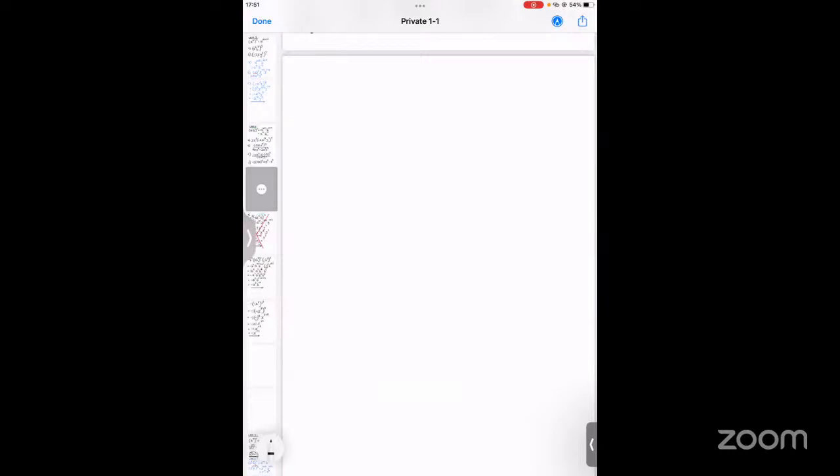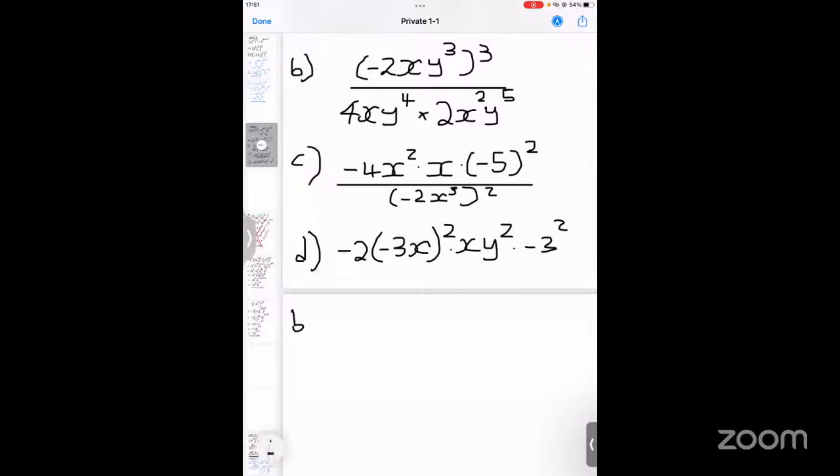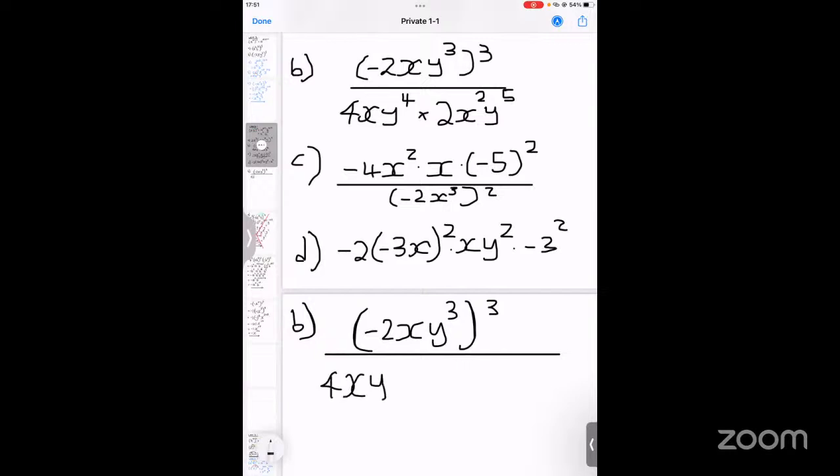So you can already see how your homework is going to look like. So let's see. Then we are going to do that one of B, where inside the brackets we have -2y to the 3, close that, and we have 4xy, this is multiplying.